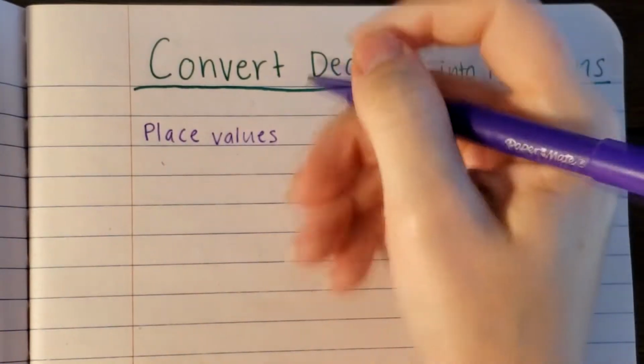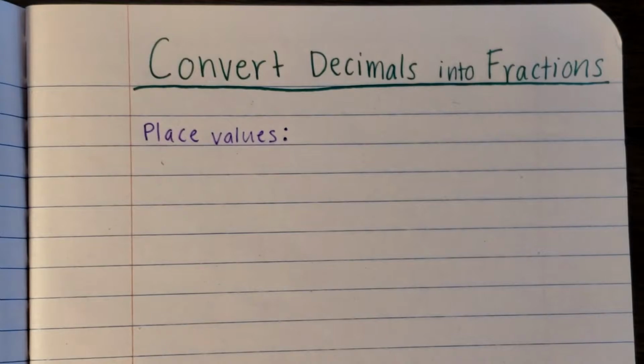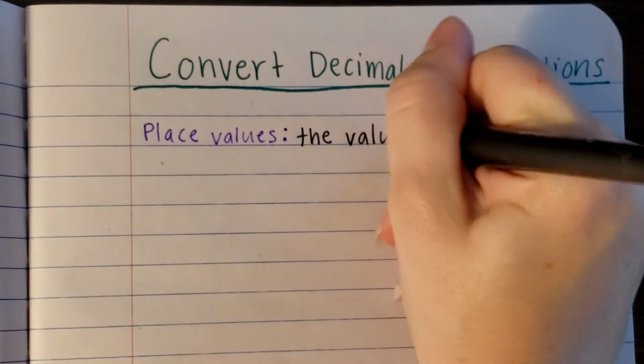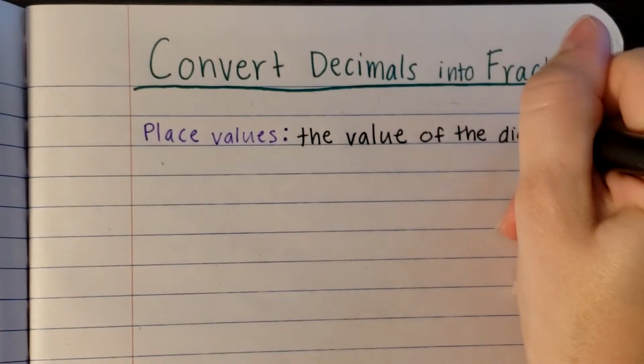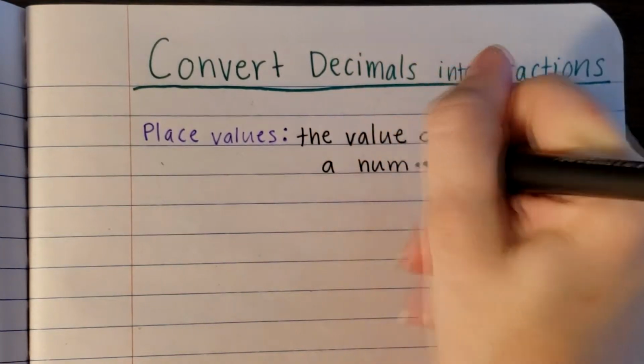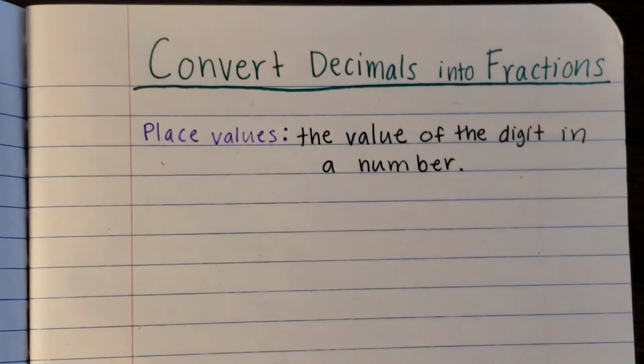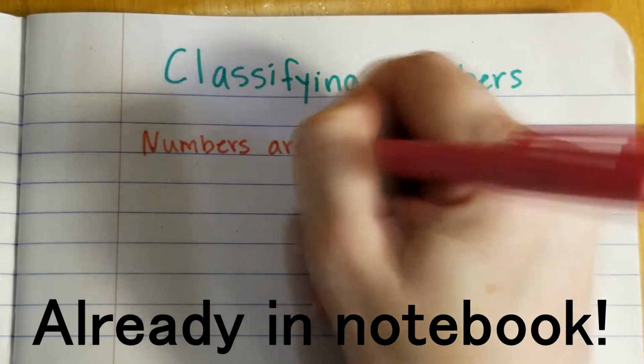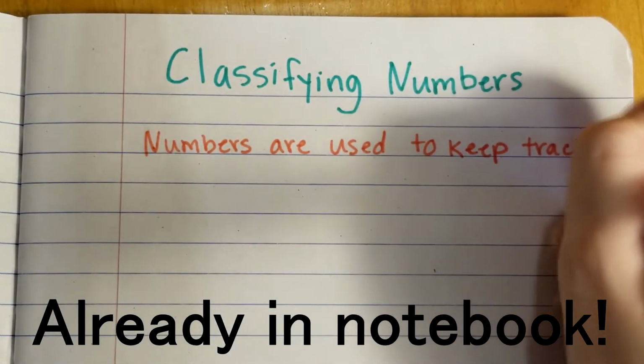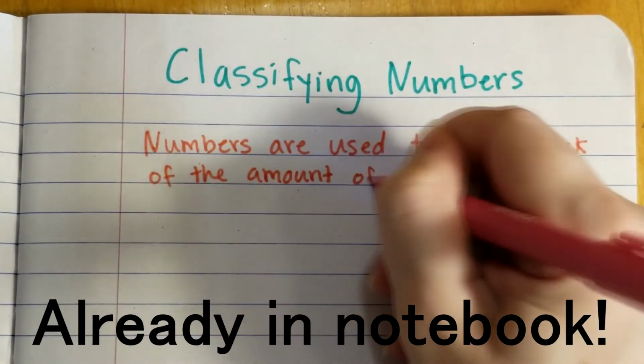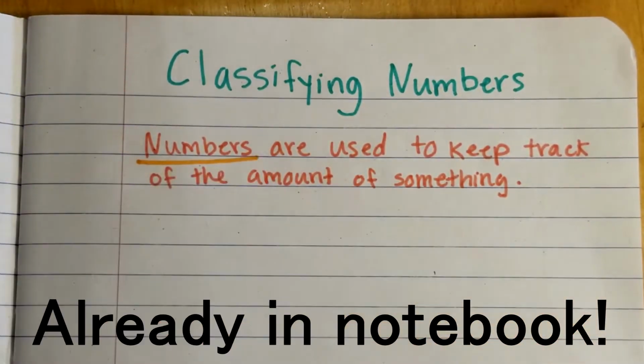Before we begin, we will need to review place values because it will help us understand the process of converting decimals to fractions. We also need to remember what a number is. A number is an amount of something and tells us how much we have. So here we go.